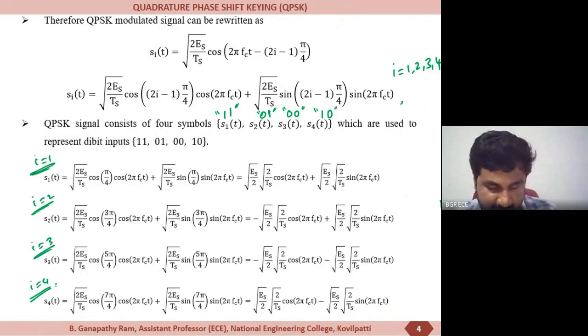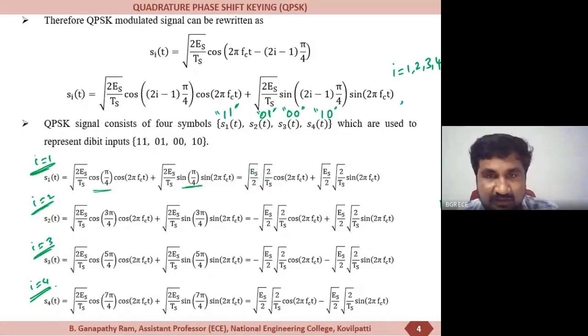So if i is equal to 1, S1 of t is equal to square root of 2 ES by TS. If i is equal to 1, this will become pi by 4, and cos pi by 4 and sin pi by 4 will become 1 divided by square root of 2.